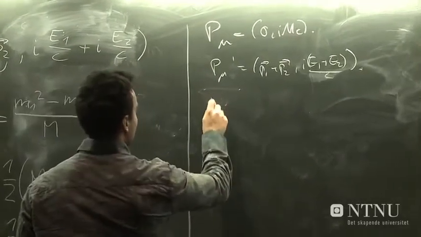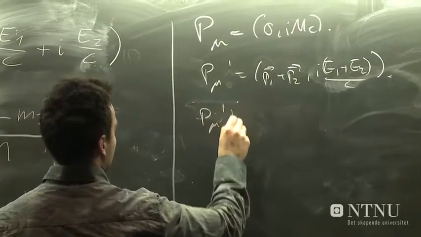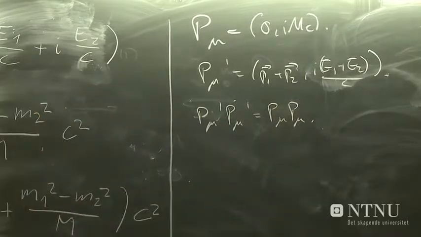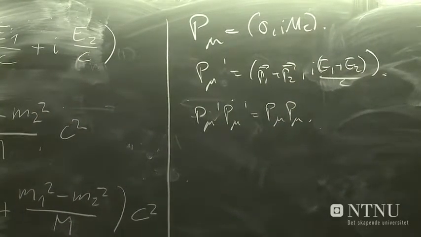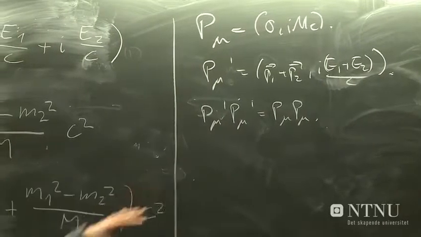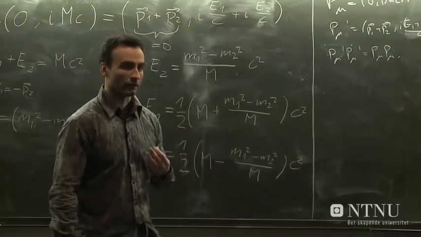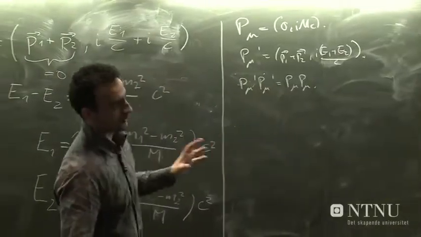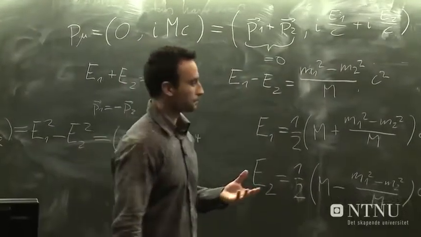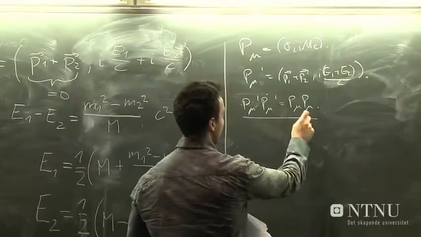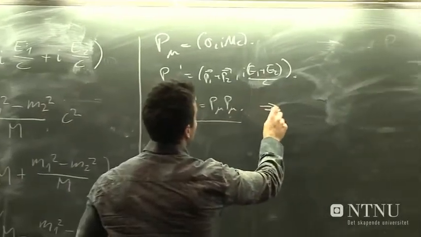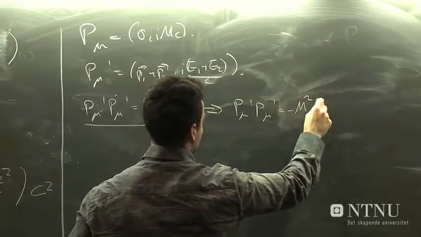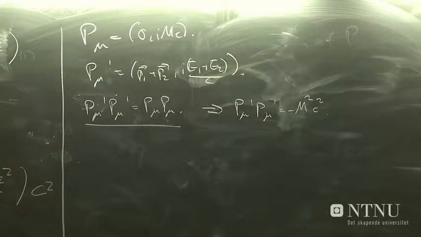And what I would like to do as the main equation for deriving this is to use the invariance of these 4 momentum vectors. So I know that the scalar product of the 4 momentum vectors should be an invariant. And from this equation, before and after, I get that this should be the case.